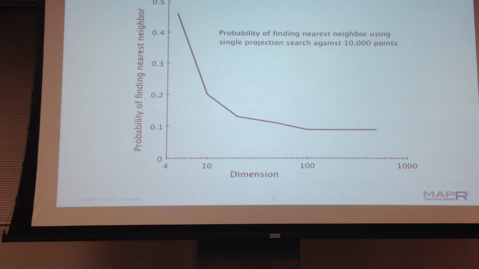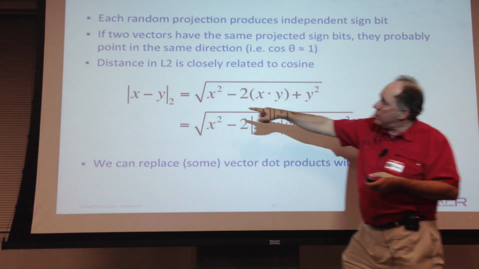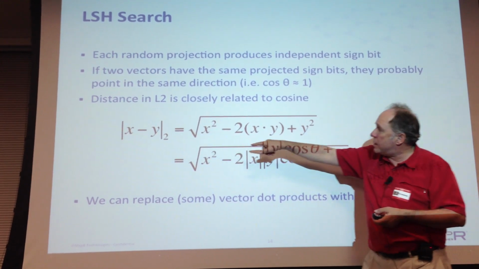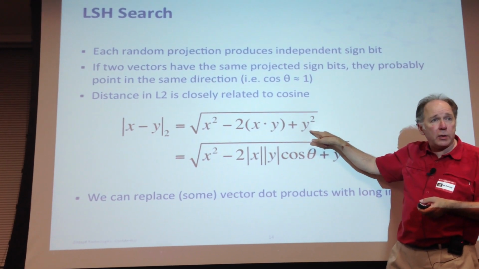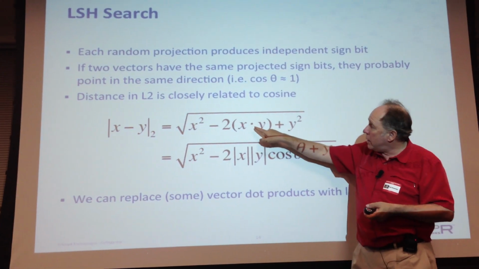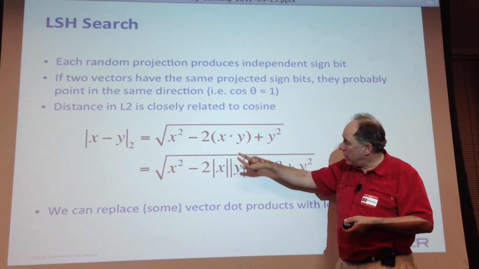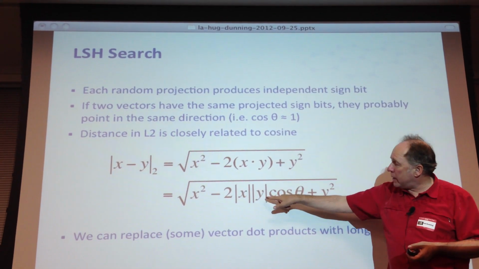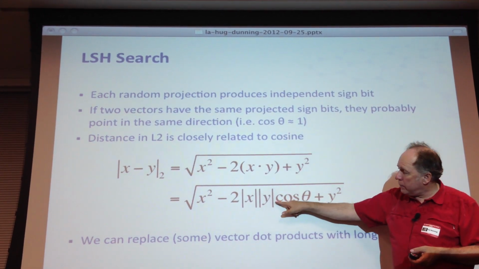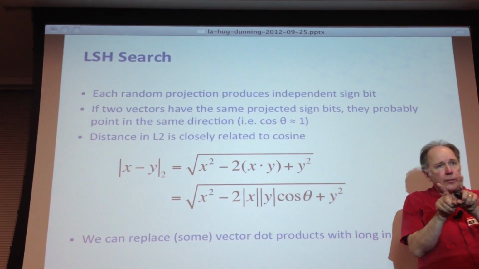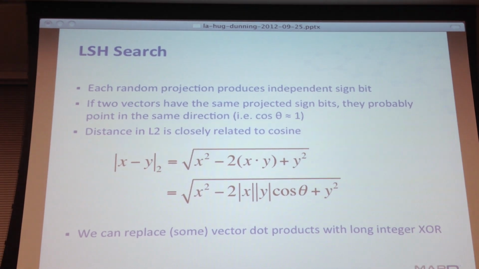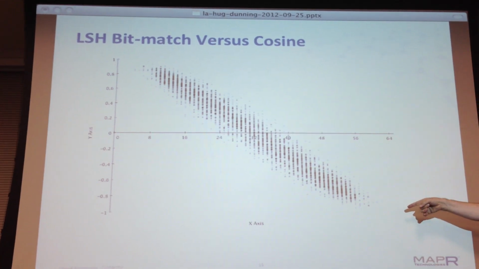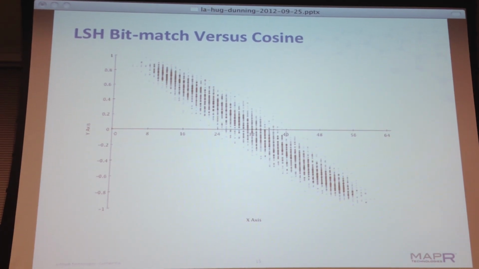And in particular, we can show that the L2 distance, just expand that with binomial theorem, is the distance squared of the x and the y, and Mahout caches these, so we don't need to worry about the cost of those, and a dot product in the middle. And the dot product is the magnitude of x and y, which is the square root of that, so we have that cached, and the cosine of theta, the cosine of the angle between them. And the angle between them can be approximated by the 64-bit XOR that I mentioned before, where we have 64 random projections.